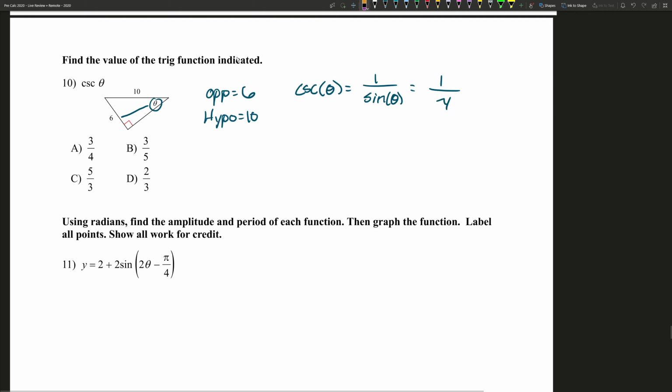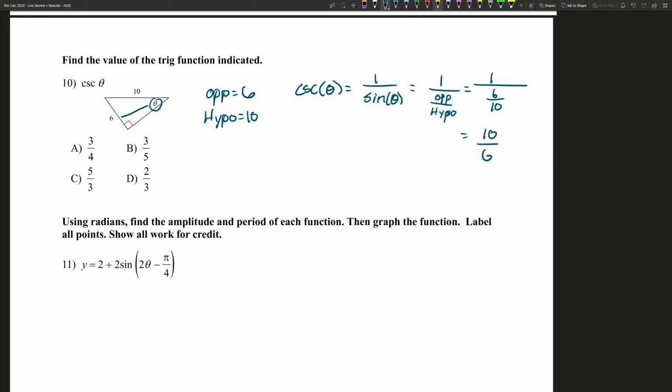Or sorry, 1 over opposite over hypotenuse. It's a better way to write it. So this is 1 divided by 6 divided by 10. If we simplify this, it's just 10 over 6.